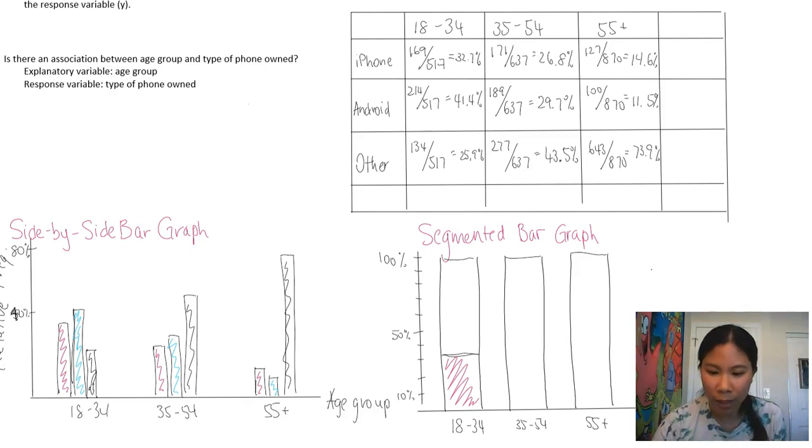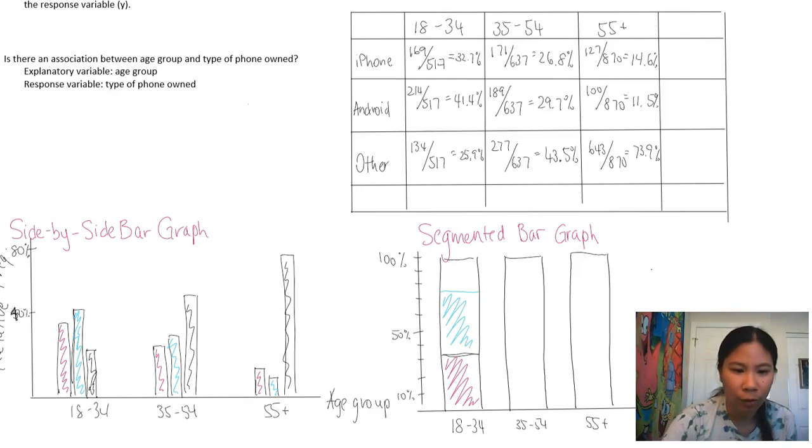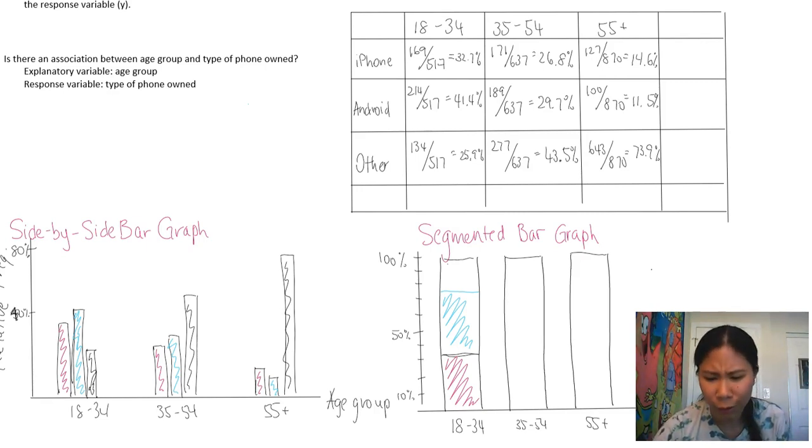So from that line that we just drew, we're going to add 41.4%. So we end up about there. And then that means the rest of them for the other types of smartphones or other types of cell phones would be the rest. And then we would continue doing that for the other age groups as well.